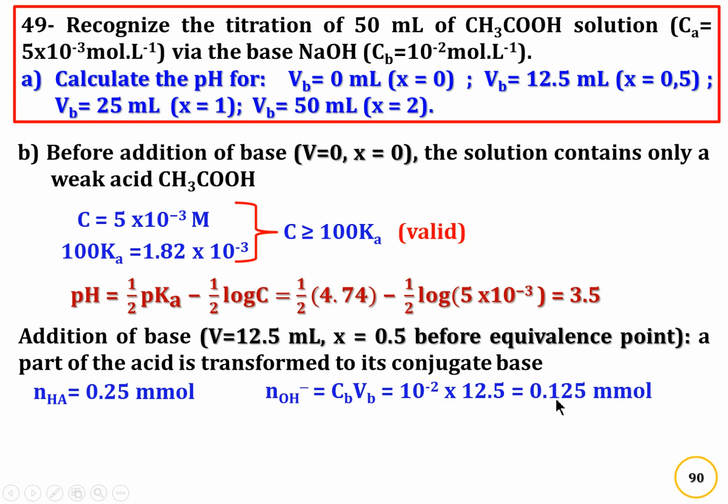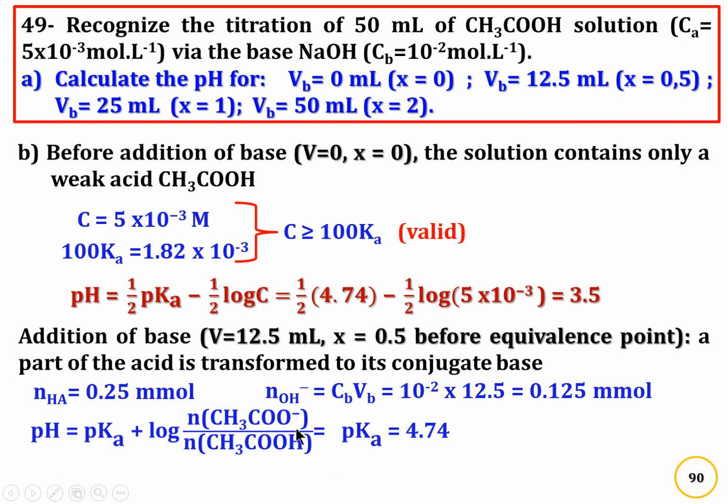So we have 0.125 millimole. In the final solution, HA will be transformed to A minus.